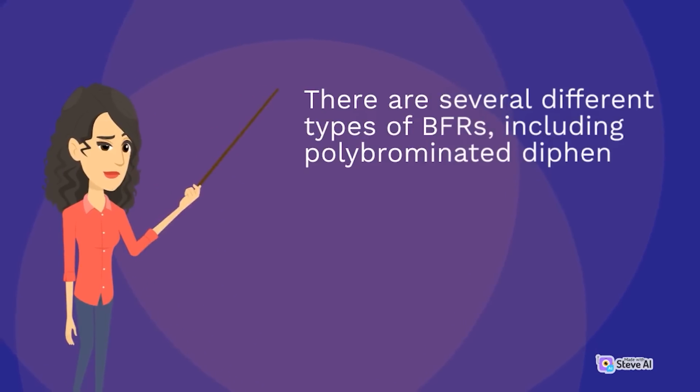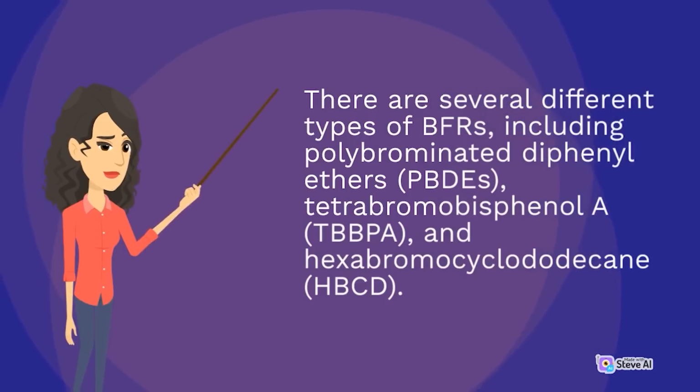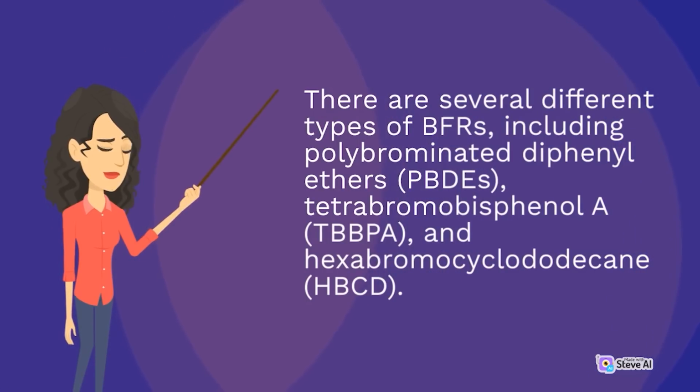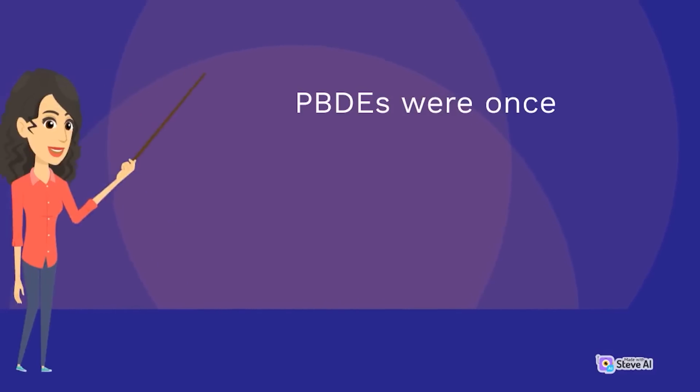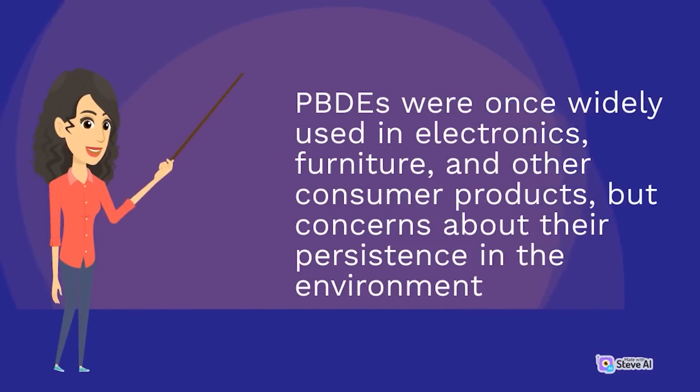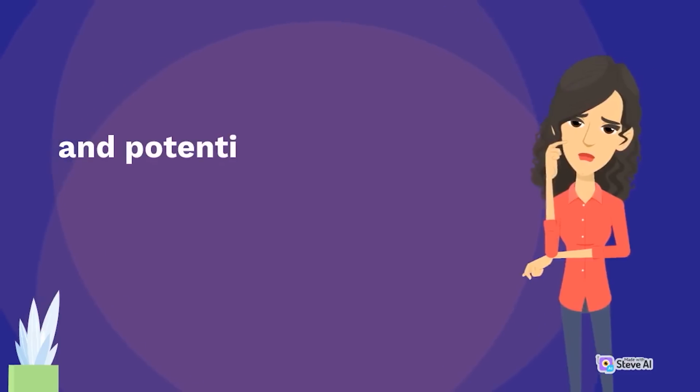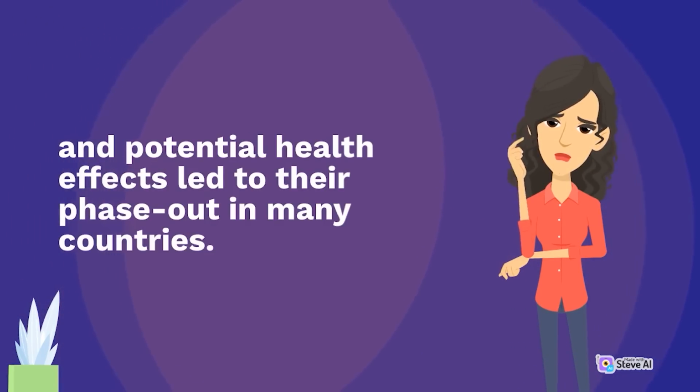There are several different types of BFRs, including polybrominated diphenyl ethers, PBDEs, tetrabromobisphenol A, TBBPA, and hexabromocyclododecane, HBCD. PBDEs were once widely used in electronics, furniture, and other consumer products, but concerns about their persistence in the environment and potential health effects led to their phase-out in many countries.